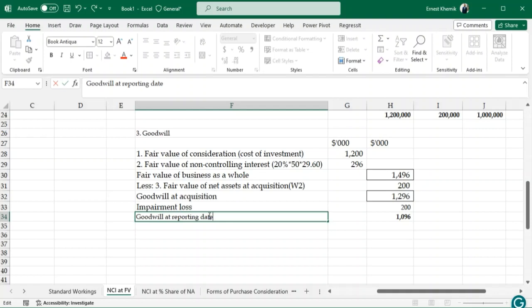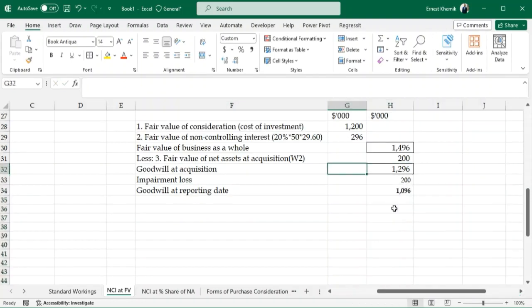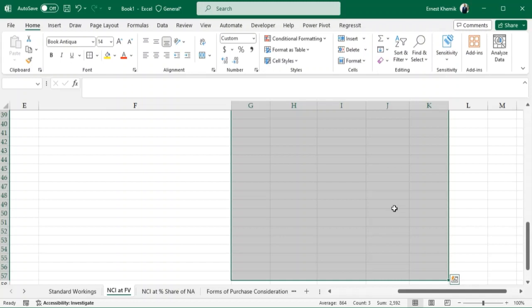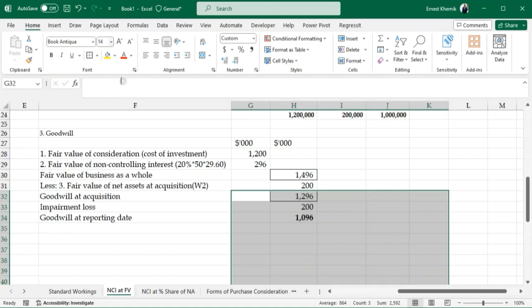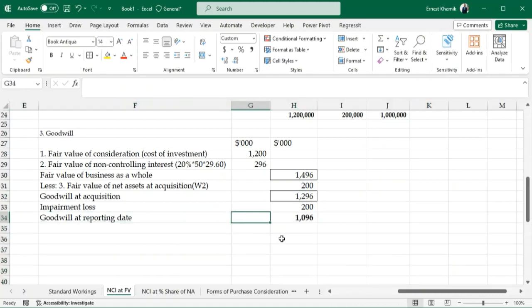Let me increase the font size of all of these areas for easy visibility. So this is our goodwill. Now this is measurement of the non-controlling interest at fair value.